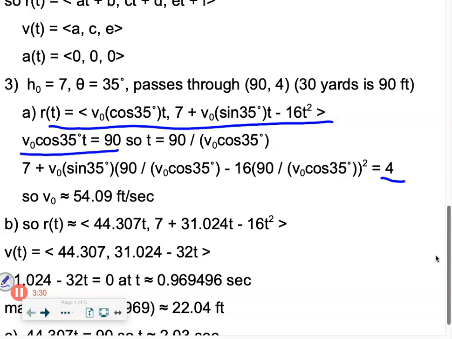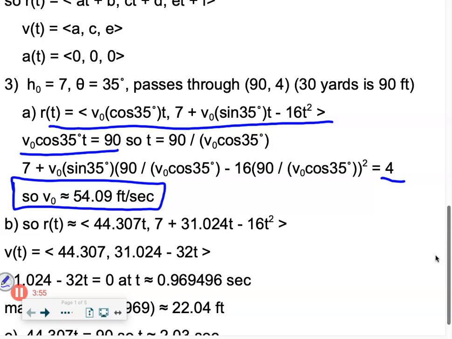I set the horizontal equal to 90, solved for t, and then plugged that in for my t's in my vertical position. And then once I got that, I found that my initial velocity was around 54.09. So I treated it as a system, 2 equations, 2 unknowns, and then just did substitution.